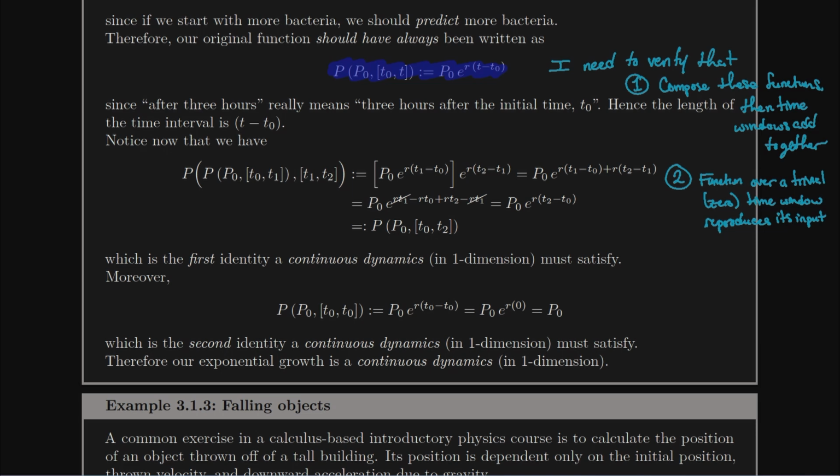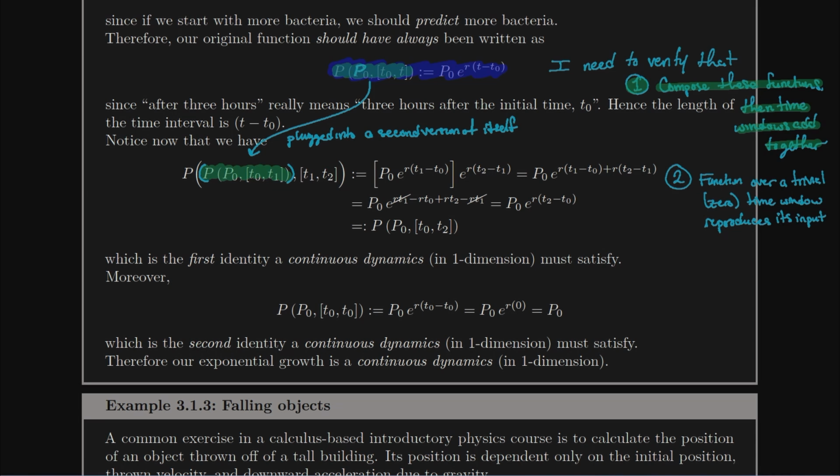Let's verify the first. So to verify the first, we're going to compose a function with itself and see if the time windows happen to add together. What do I mean by compose it with itself? Well, I'm going to take this function. There it is, right? So that's me just grabbing the function itself. But I've plugged it into a second version of itself. So there it is sitting inside of the second version of itself.